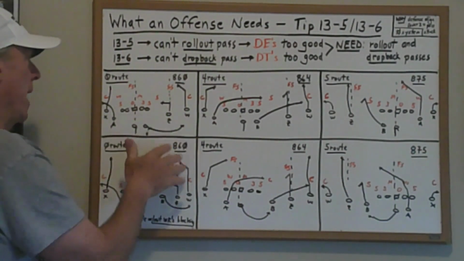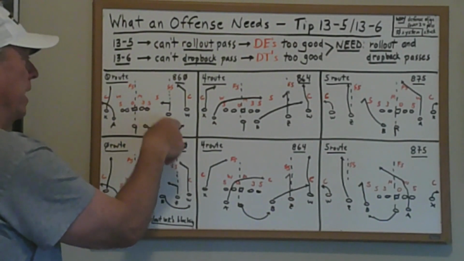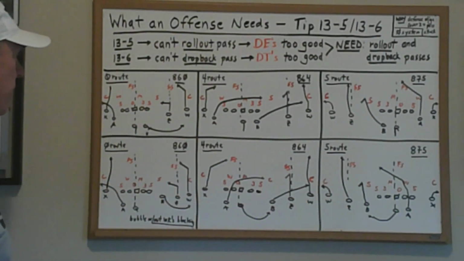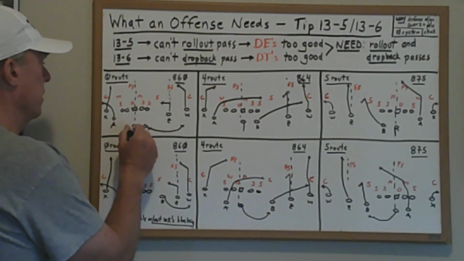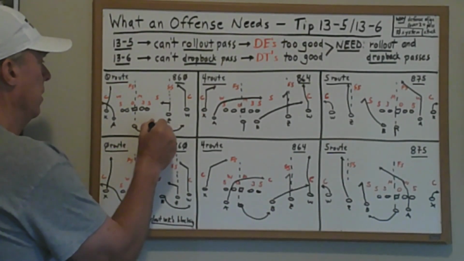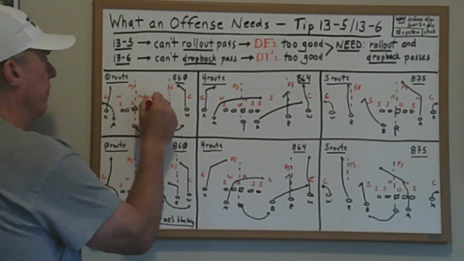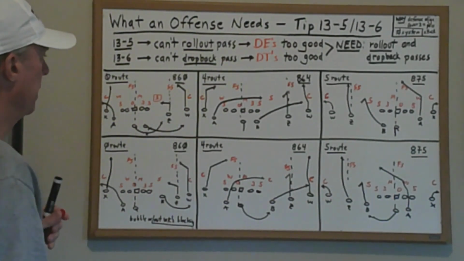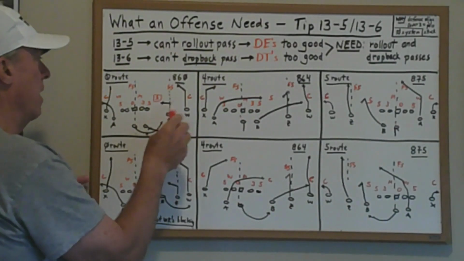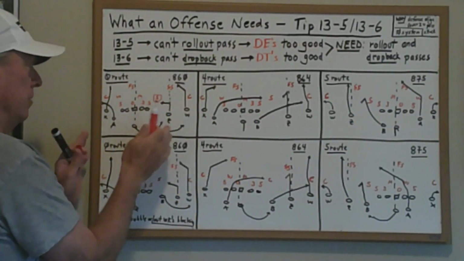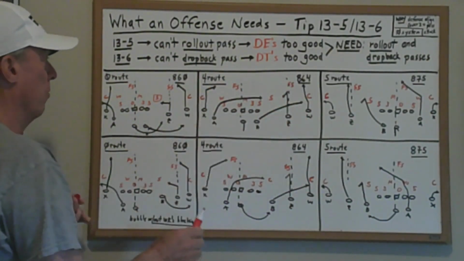So in terms of drop back, you can see that basically we would be isolating off this Sam defender, and if he sat in the slant, we'd throw the swing. Okay? If we wanted to roll out in that, that still would serve a really good purpose, in that we could have him roll out and head downhill, and then that would put this Sam in a particularly tough bind. Because if that Sam started to come up and get him, we could have the Z idle down, or despite the drawing here, which shows limited space, this Z is all the way on the right hash.